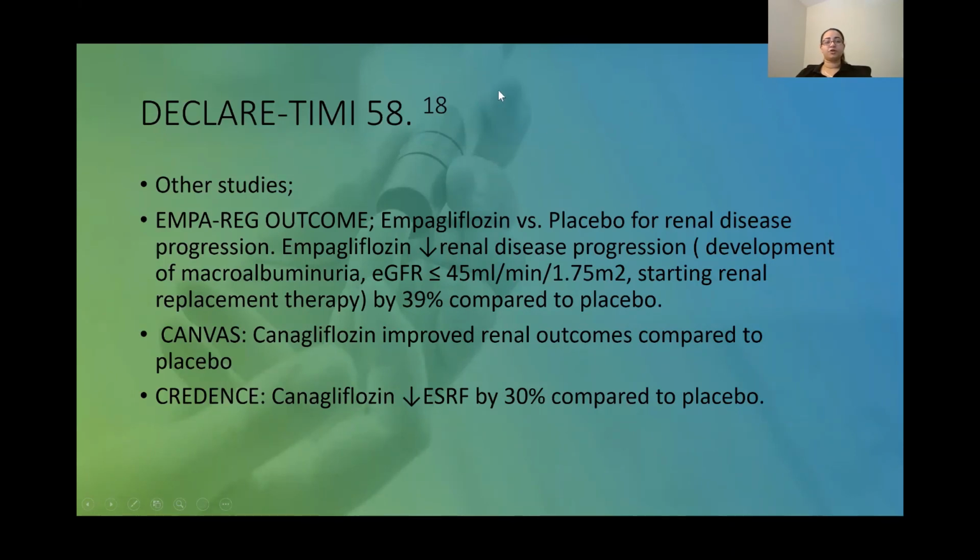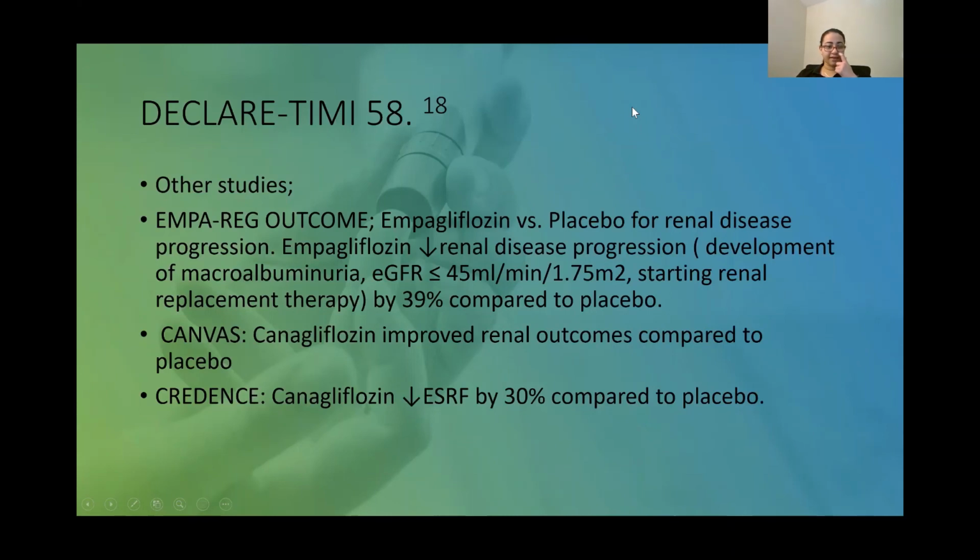There were other studies that were mentioned in this same trial. Those studies include the EMPA-REG outcome, which studied empagliflozin versus placebo for renal disease progression. Empagliflozin showed a decrease in renal disease progression, characterized by the development of macroalbuminuria, a GFR of 45 mLs or less, or starting renal replacement therapy, by 39% compared to placebo.